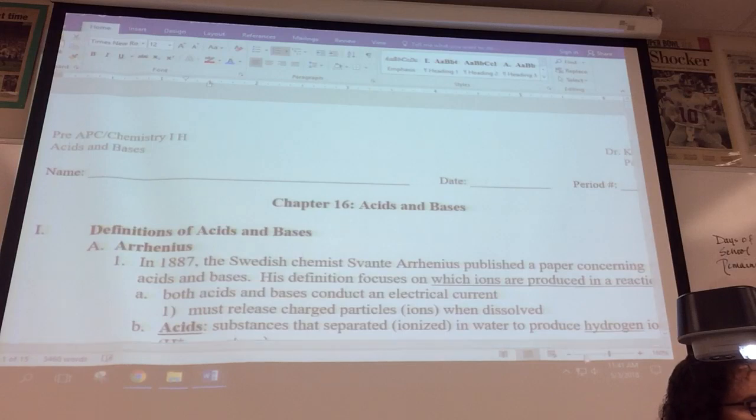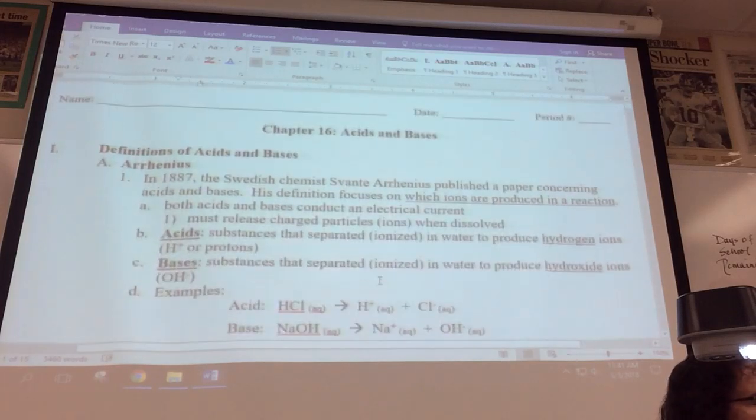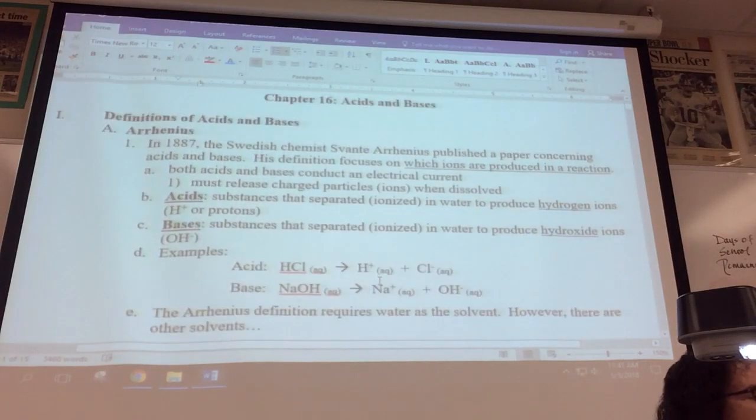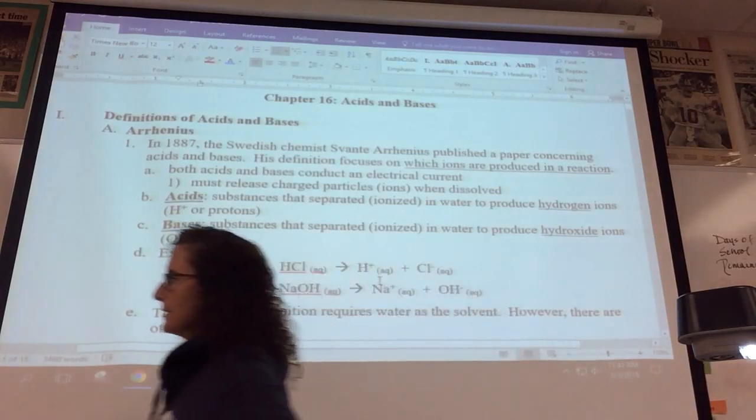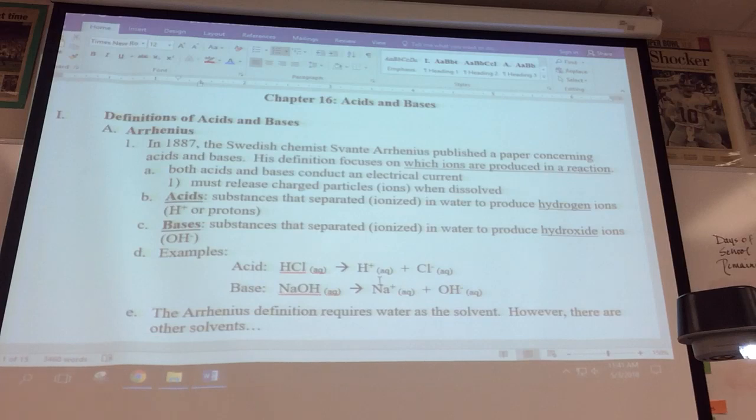So we're going to talk a little bit about acids and bases, and there are several different definitions for acids and bases, and we'll talk about all of those. We're going to start with the Arrhenius definition.